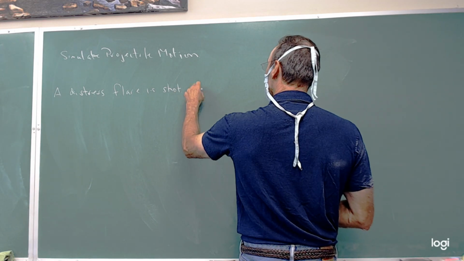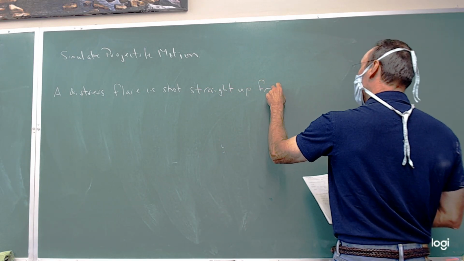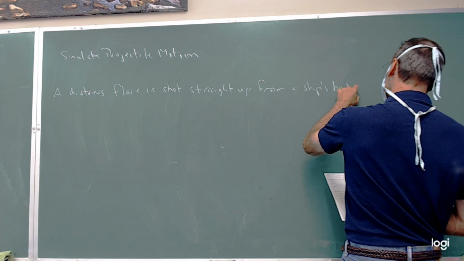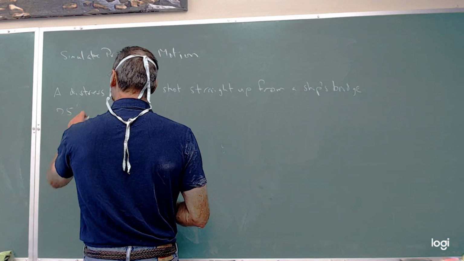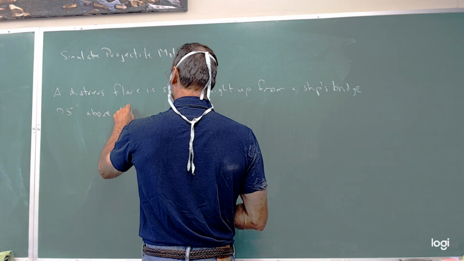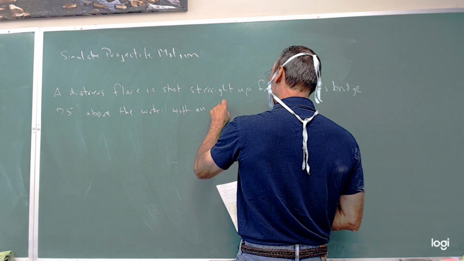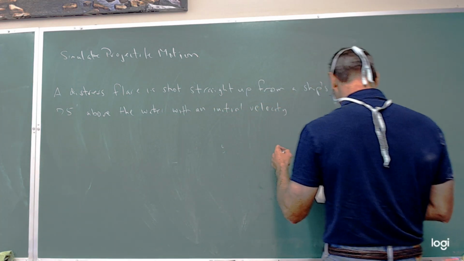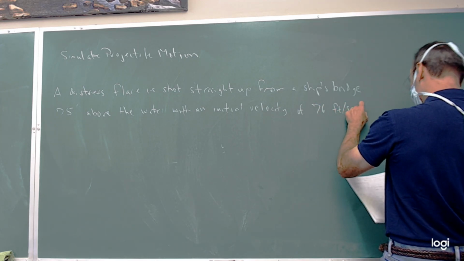Shot, that would be my phone, straight up from a ship's bridge, 75 feet above the water, with an initial velocity of 76 feet per second.